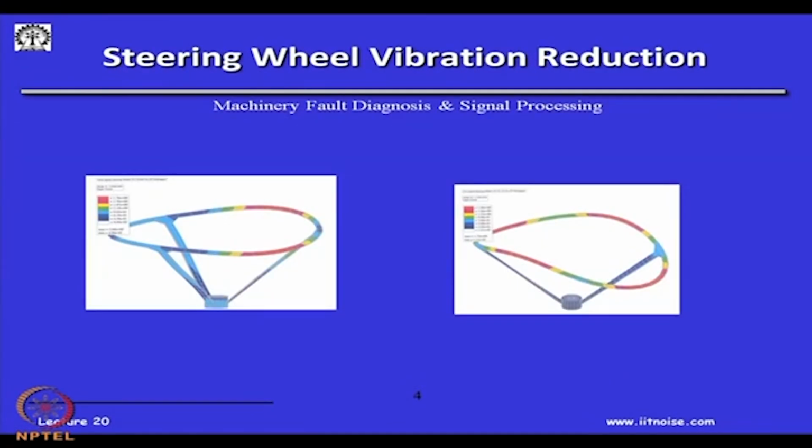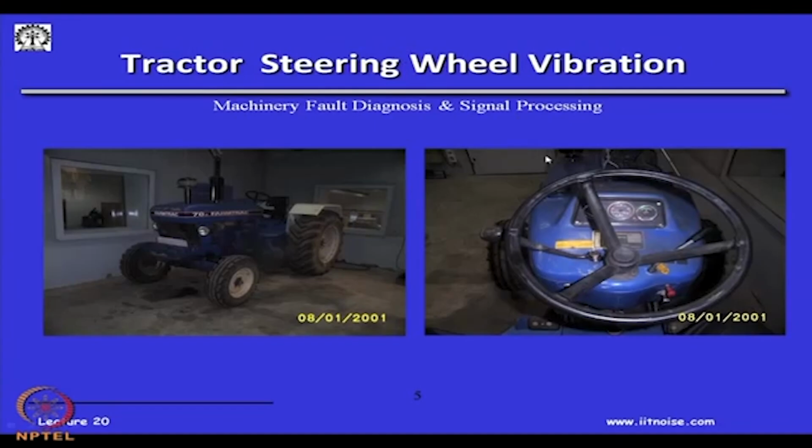Just as an example, I will go back to this slide first. This is a tractor wherein the steering wheel was having excessive vibrations, and this relates a little bit to diagnostic procedures as well. The level at the steering wheel was much higher than the permissible levels, and as soon as the engine started to idle, the vibration levels were high.